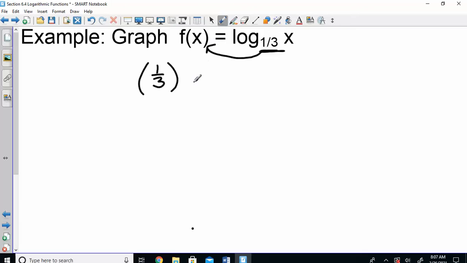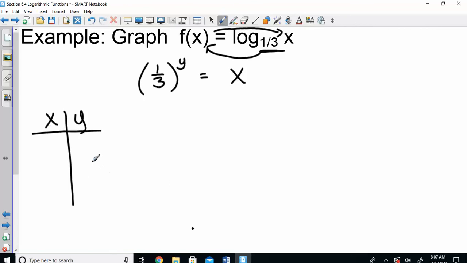F of x is the same as what variable? y equals x. So if I make my t-chart, you always put -1, 0, and 1 in for the exponent. Since y is my exponent, I'll plug those in for my y.